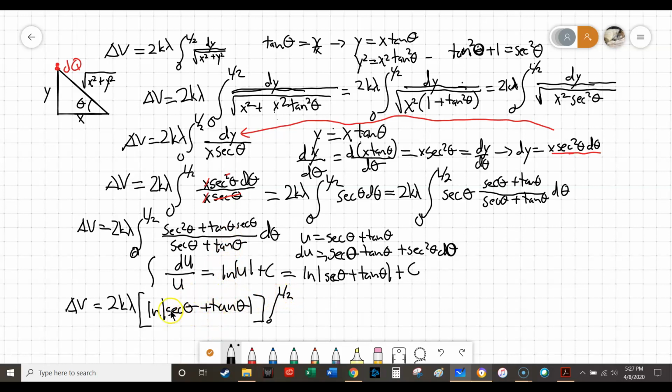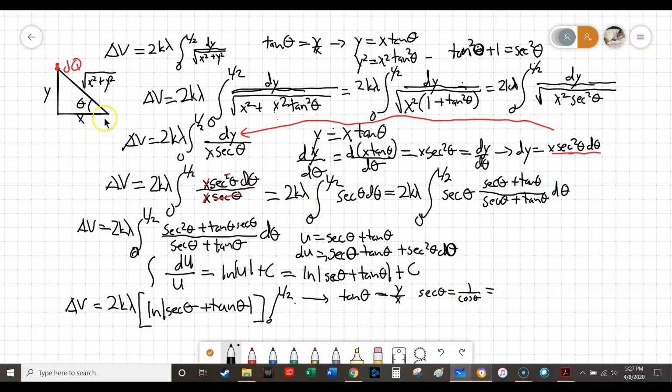Well, that looks pretty... I don't know what to do with that, really. This is a distance, and we have thetas here. So we have to use our triangle again, and then go ahead and substitute in our sides for our triangle. Okay? So I'm going to do a couple things off to the side. Again, I'm going to rewrite that tangent of theta is equal to y over x, and secant of theta is equal to 1 over cosine of theta.